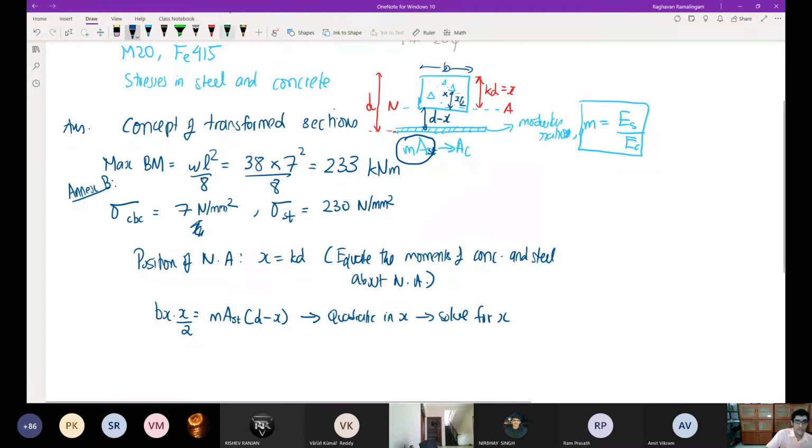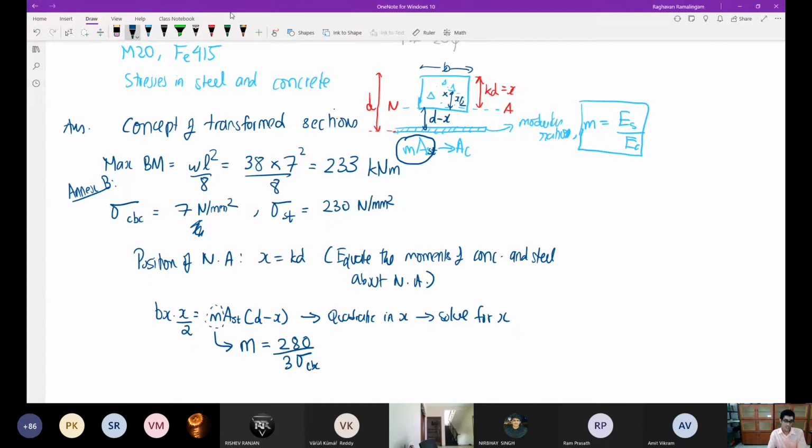The only thing you do not know right now is m. There's a formula for this m, which is always used for reinforced concrete: 280 divided by 3 sigma CBC. This is a formula you have to remember for the working stress method.